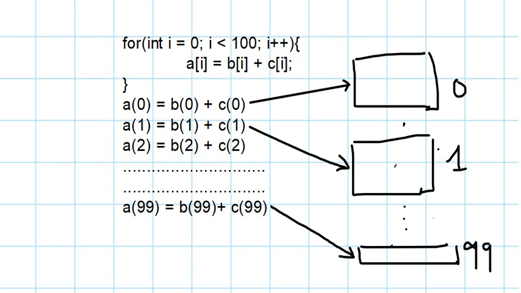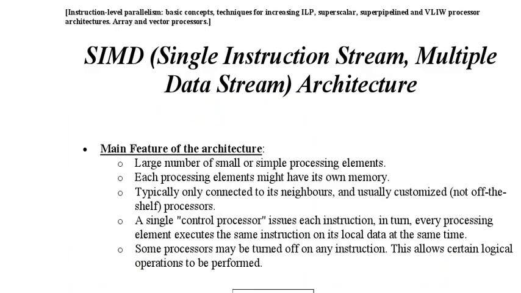Now let me go back to our SIMD array processor. Yes, here it is. What are the basic ideas behind the SIMD array processor? In a SIMD array processor, you will have a large number of small processing elements.